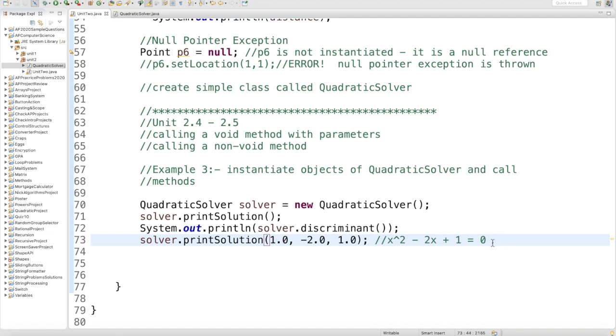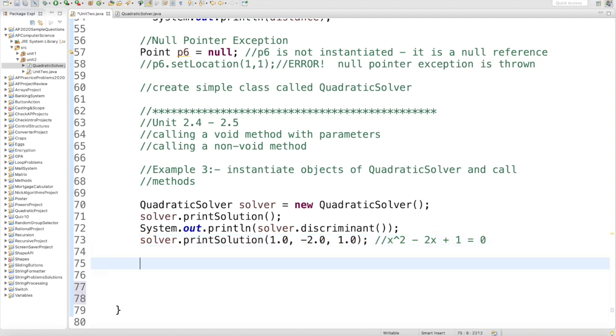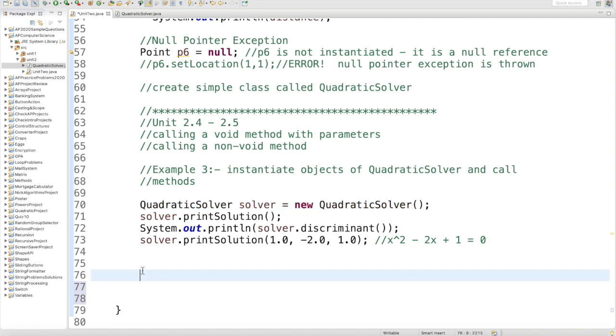I'm going to make another one. I'm going to make a quadratic solver, another one, but this time I'm going to call it quadratic solver 2. And instead of it being zeros, I'm going to use the same example again. It's another way to make it. Now I've created this.